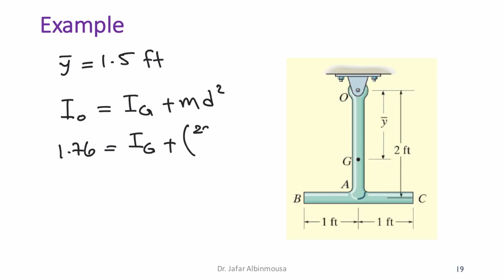The mass is the mass of the two parts, OA and BC. So we have 10 and 10, so 20 pounds divided by 32.2.